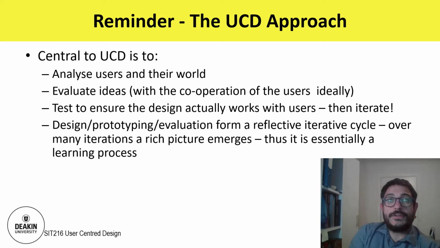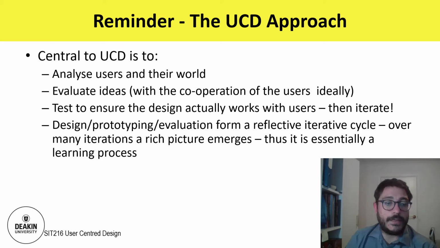So, central to UCD is to analyze users and their world, evaluate ideas, test to ensure the design actually works with users, and then you iterate. Design, prototype, evaluate to form a reflective iterative cycle. Over many iterations, a rich picture emerges. This is essentially a learning process.